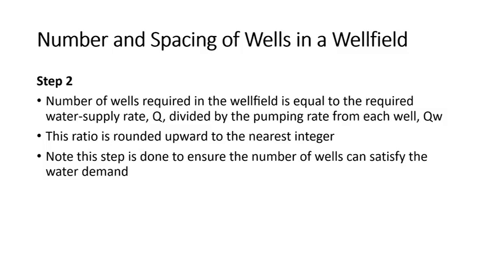The demand will have a required pumping rate. So what we do is we divide that demand by the pumping rate of our individual wells. We will get a number, we round it off to the nearest integer, and that would be the number of wells that we need to cater to the water demand.